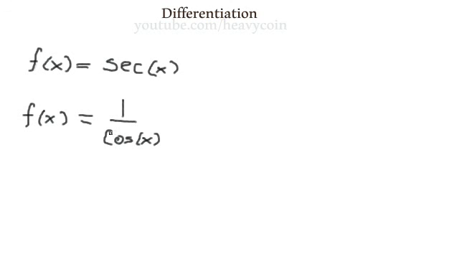Now what I'm going to do here is I'm going to use the quotient rule, okay, just because. So we take the derivative of the numerator, which is 0, times the denominator, minus the numerator times the derivative of the denominator, and the derivative of cosine x is negative sine x.